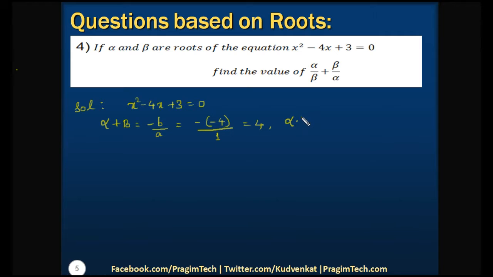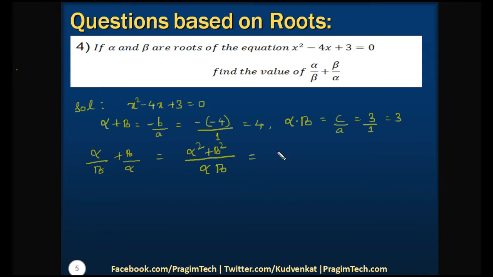Similarly, the product of roots, that is alpha into beta, is c by a, that is nothing but 3 by 1, that is equal to 3, right? Now let us simplify the given expression, that is alpha by beta plus beta by alpha. So this will be equal to, by taking LCM as alpha beta, alpha square plus beta square divided by alpha beta.